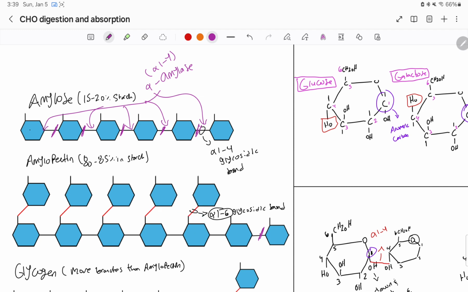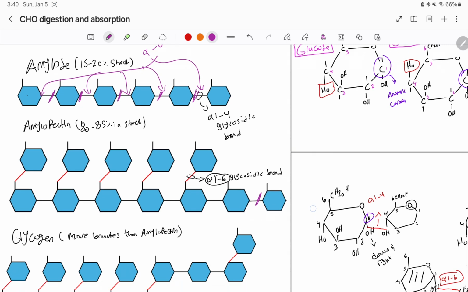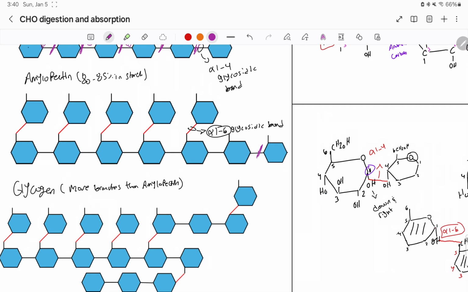And another fact is that alpha amylase is not very good at cleaving alpha-1,4 bonds that are adjacent to alpha-1,6 bonds. So it's not going to be very good at cutting this bond, or this, and this. So in this scenario, you might only end up with one monosaccharide unit freed. So you can see the problem here is we need to get rid of these alpha-1,6 bonds, and we'll talk about how later.